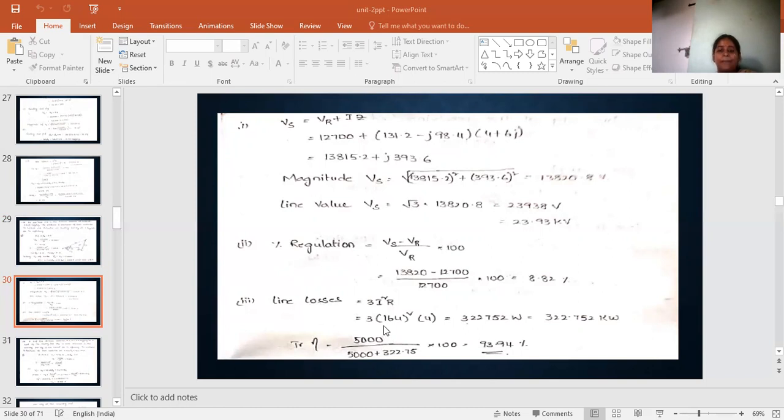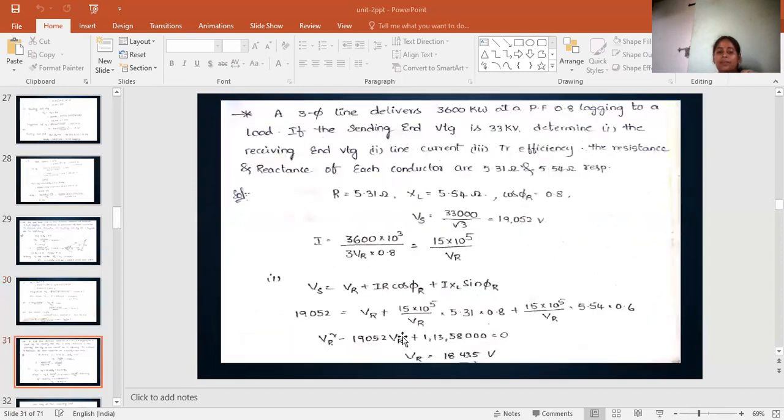So line loss is equal to 3I square into R. We know the I value, that's 164, and with the R value we can get the line losses. For the efficiency, that is power received by power sent. Power sent is PR plus losses. Multiplying by 100, we get the efficiency value.